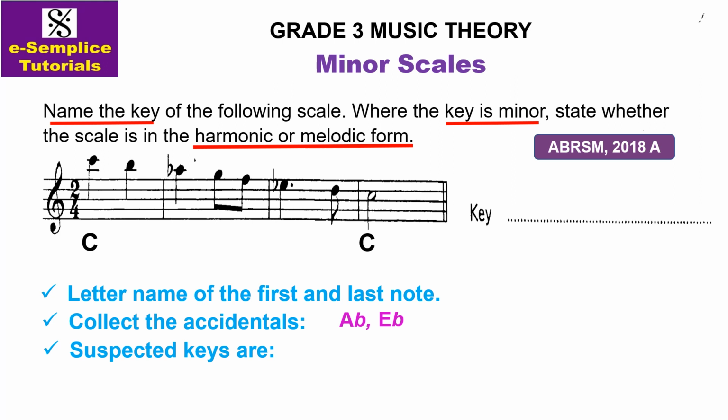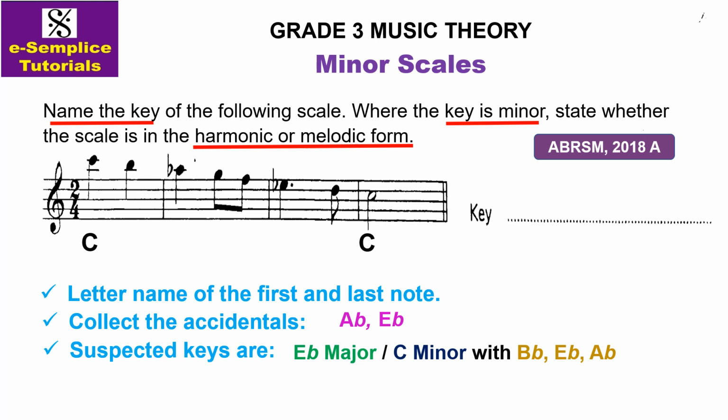So we are actually going to suspect a major key and its relative minor that naturally should have B flat, E flat, and A flat. Possibly we'll discover what had happened to B flat, and those keys are E flat major or C minor, because these two have B flat, E flat, and A flat.